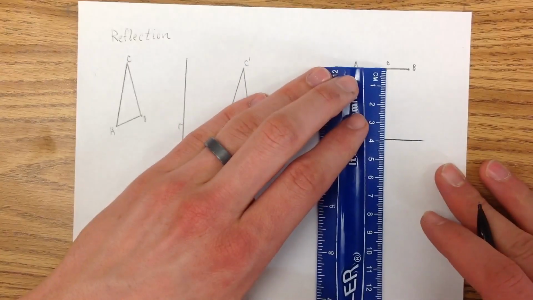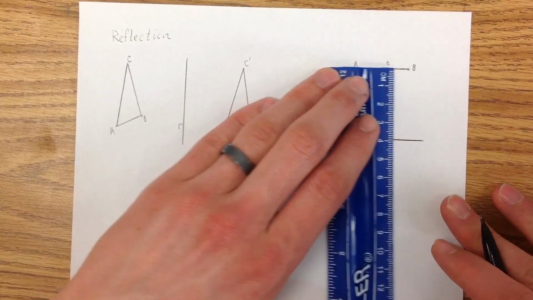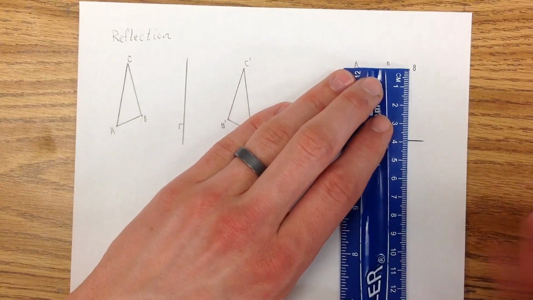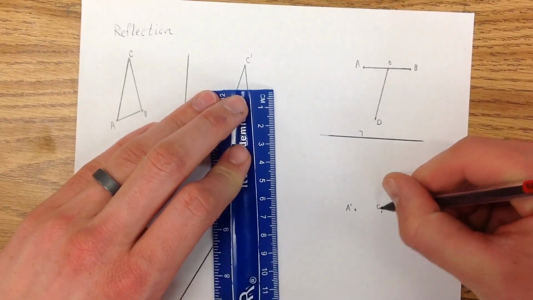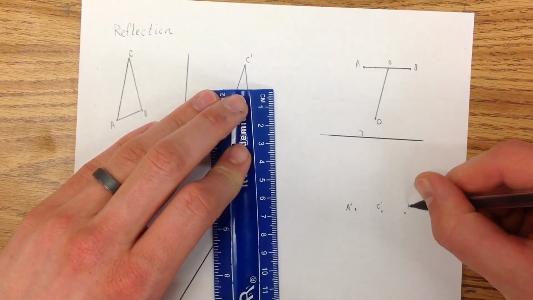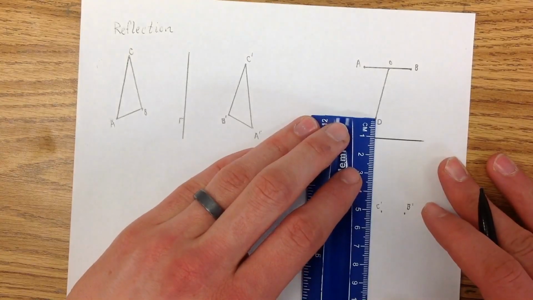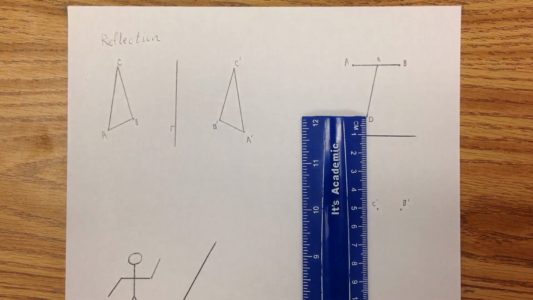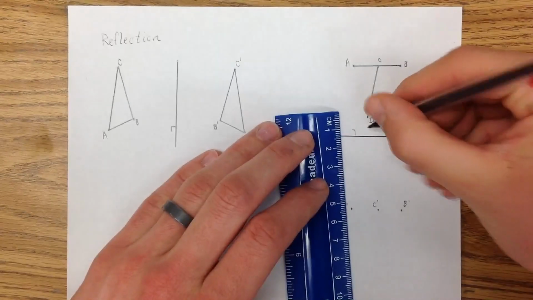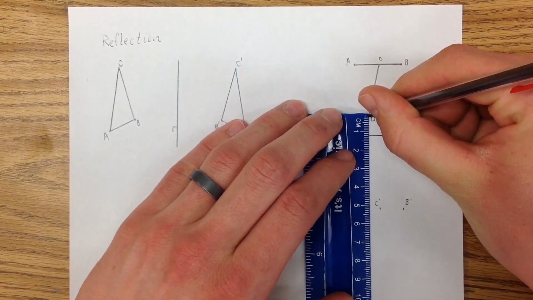Do the same thing here. That's also 4, so this is going to be 8. And this will also be. So that's C prime, that's B prime. Now I just got to do the same thing for D here. That looks like it's right at 1. Again, make sure it's at a 90-degree angle.